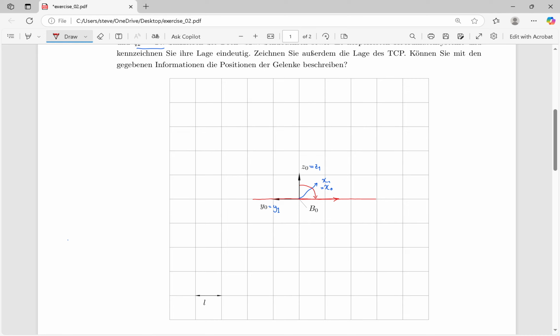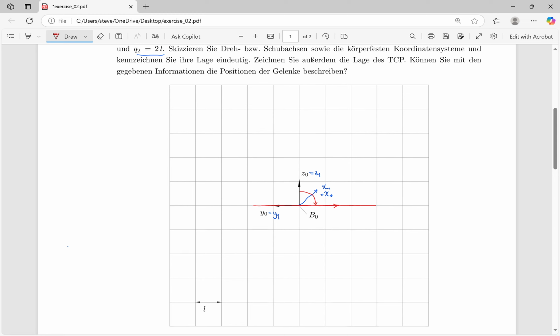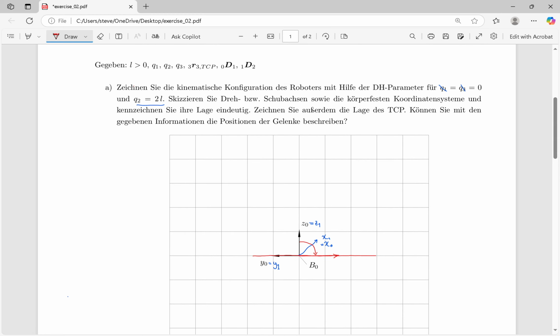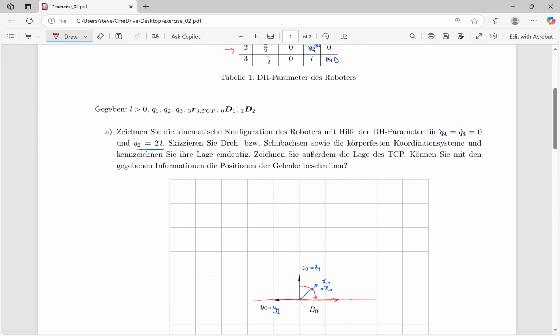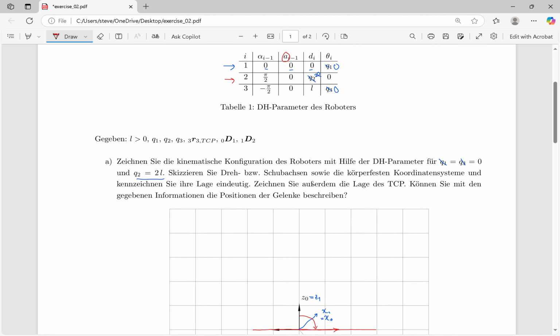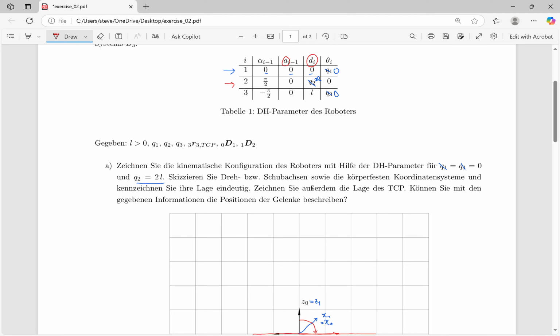Now the next step is to find the coordinate origin. And to do that, we have to look at the parameter d. And it says that the distance between x1 and x2 is 2l.